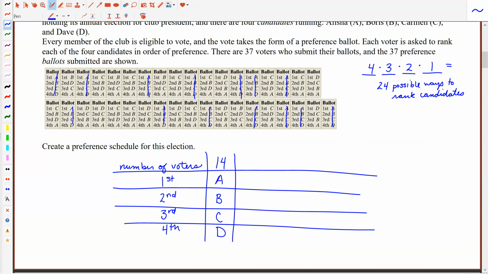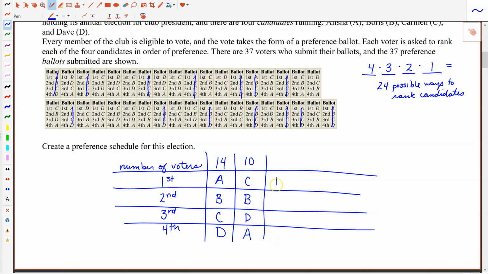Alright, so I hope that you have paused this and gone ahead and tried to complete this preference schedule on your own. I'm just going to tell you the other types of ballots that are on here and how many people voted that way. Another ballot that exists here is in the order of C, B, D, then A. There are 10 people that voted that way.